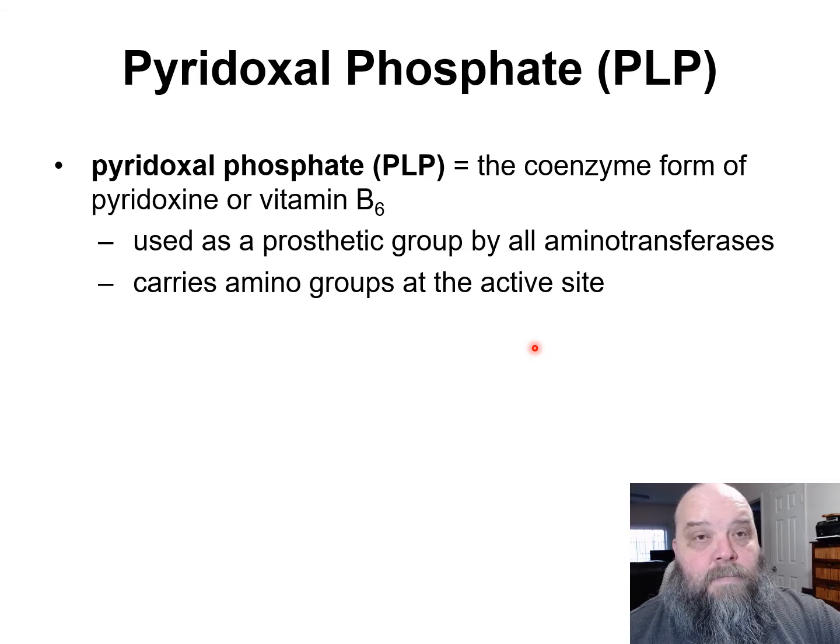As the enzyme pulls off the amino group, then PLP, biotin, or whatever this prosthetic group would hold that in place. As here comes the substrate. Here it's the alpha-ketoglutarate. Holds alpha-ketoglutarate in place as the enzyme attaches the amino group to the alpha carbon.